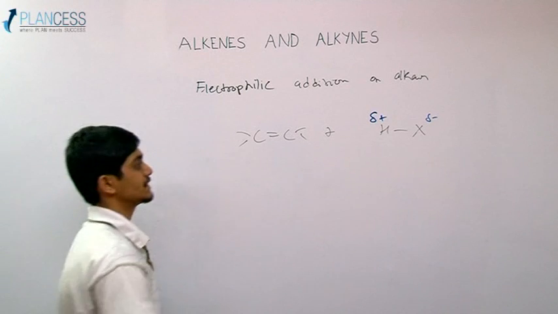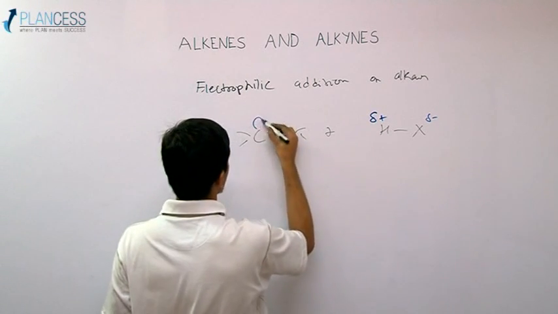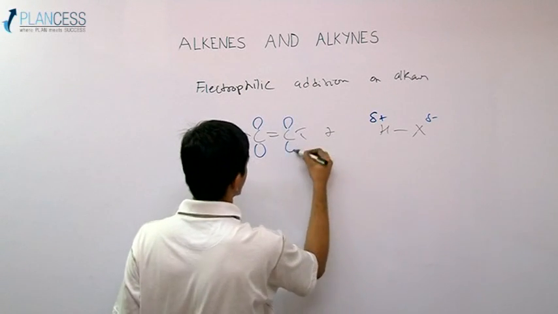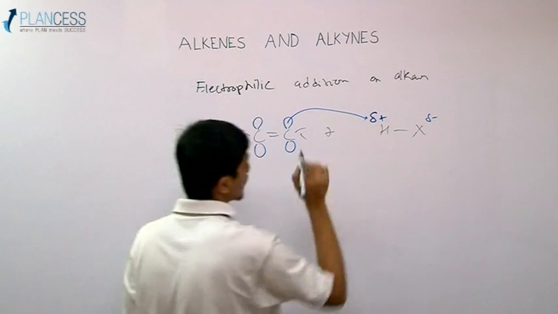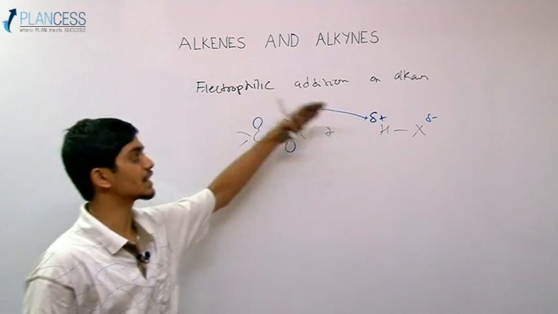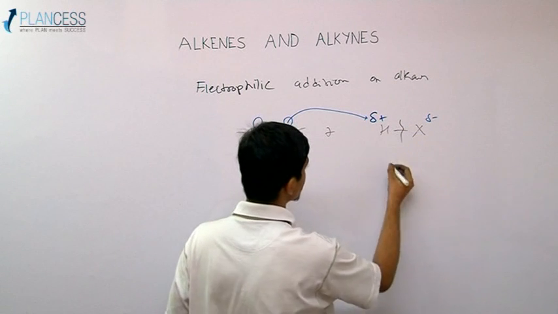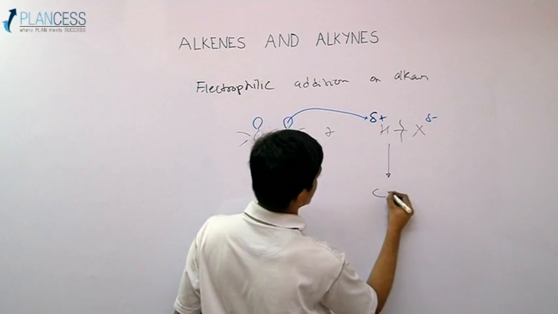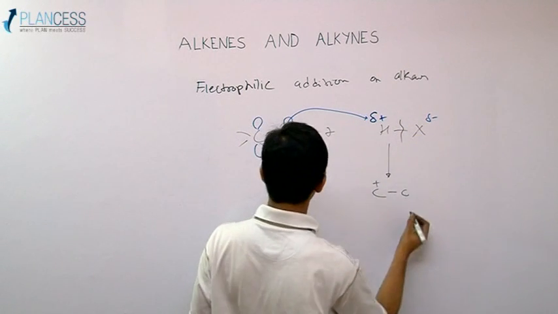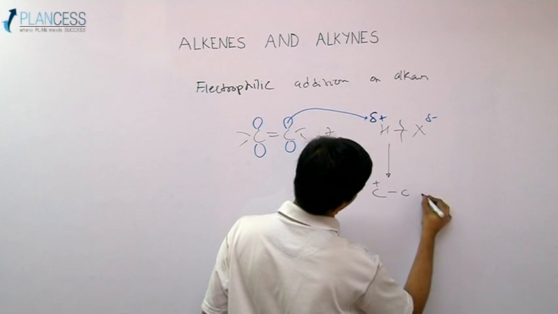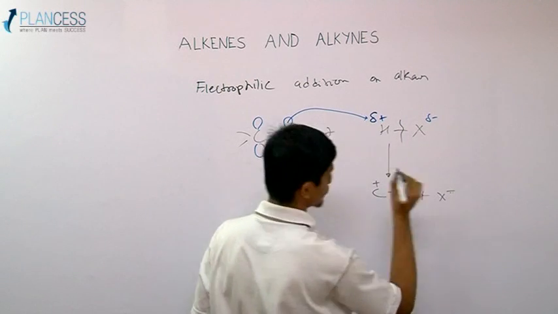That means this hydrogen itself can act as an electrophile. So this goes and this goes. The pi electron density can be shifted to that hydrogen, and this bond will be broken in that case, and the intermediate which is formed is this carbocation, and the hydrogen goes, plus X minus.